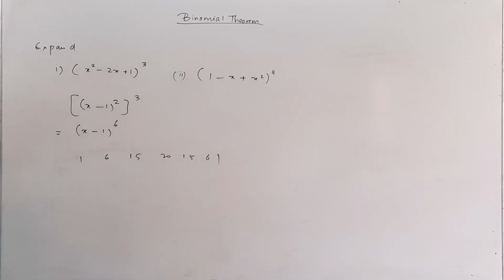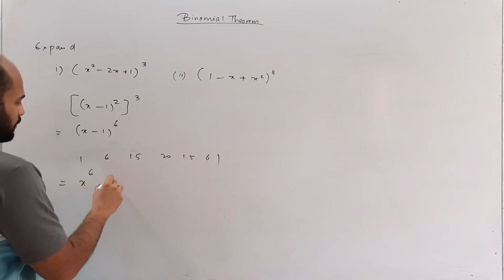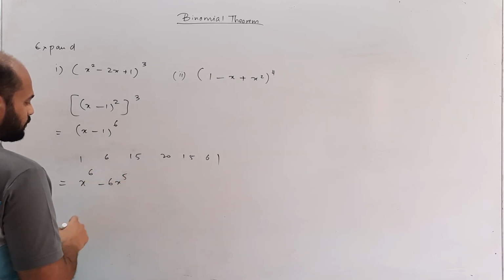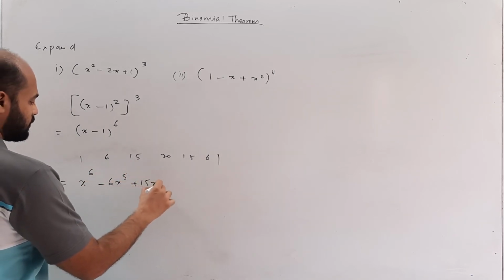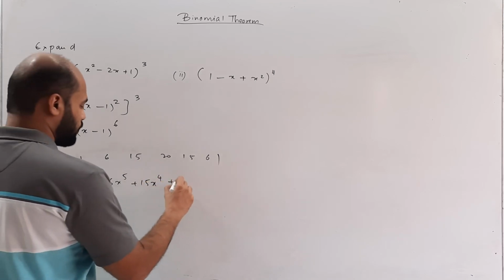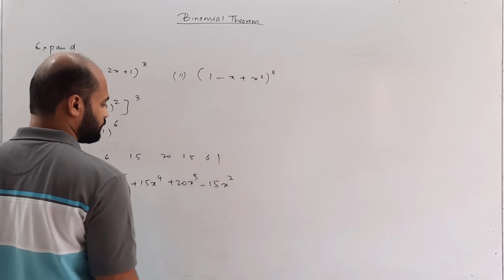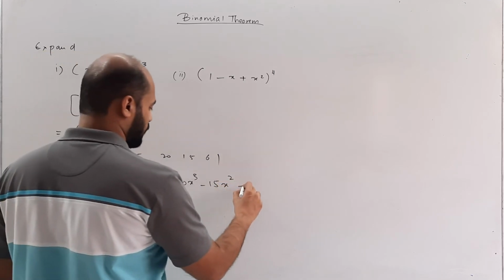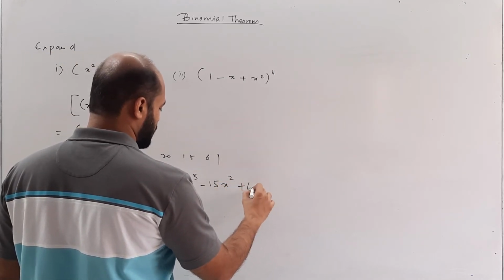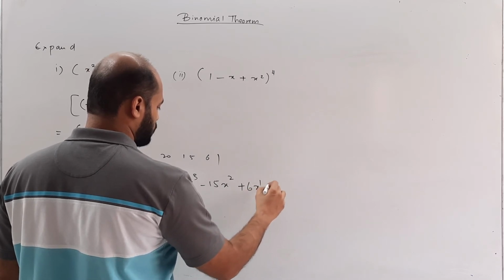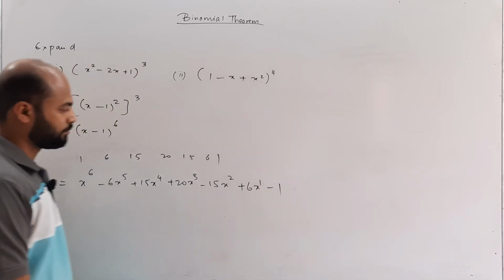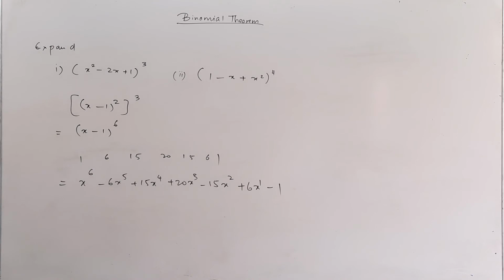And I know the odd places are going to have minus signs. So let's keep decreasing the powers by 1 every time. So this is going to be x raised to 6 minus 6 x raised to 5 plus 15 x raised to 4 plus 20 x raised to 3 minus 15 x raised to 2 plus 6 x raised to 1 minus 1. That is how we write it.